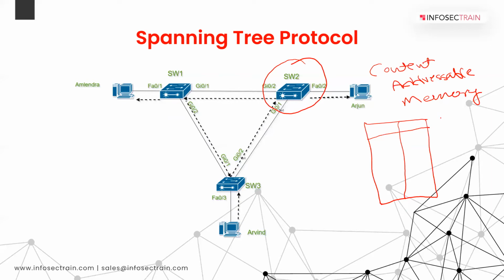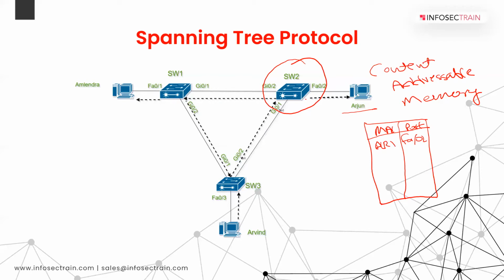The content addressable memory table has your MAC address and the port number. It has only one port connected, so port FA02 is connected to, let's say, the MAC address of Mr. Arjun, A1R1, right? So it has only this. Now what will it do?